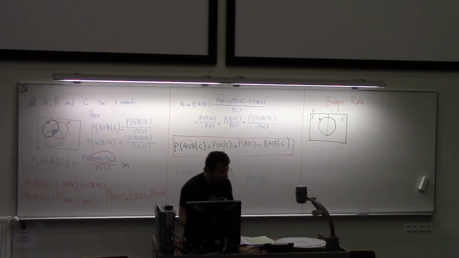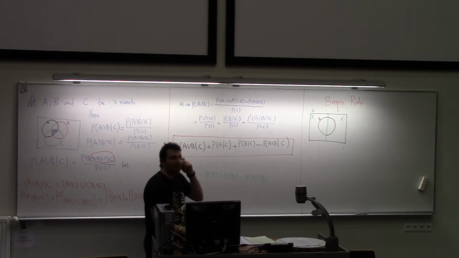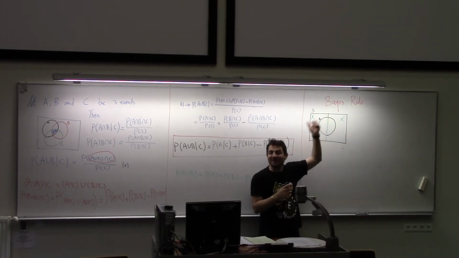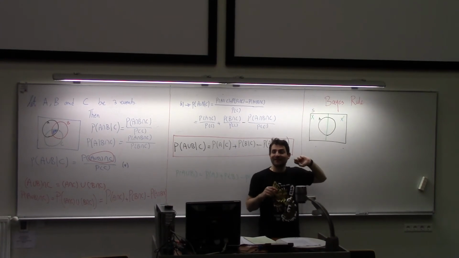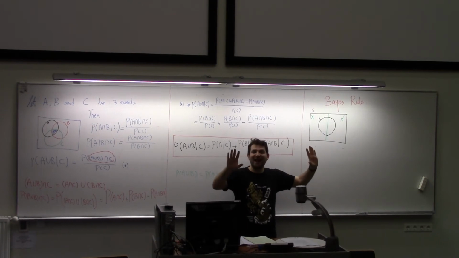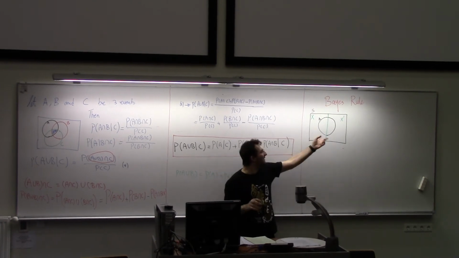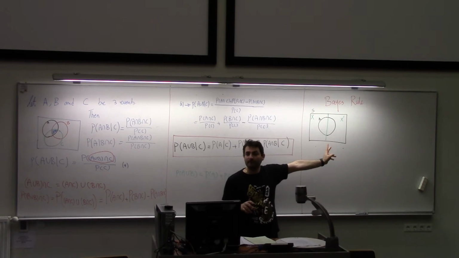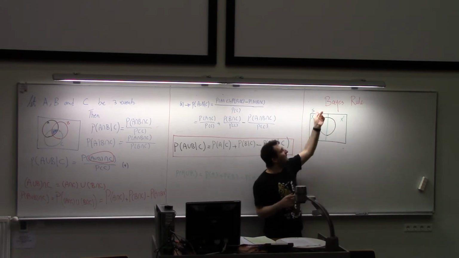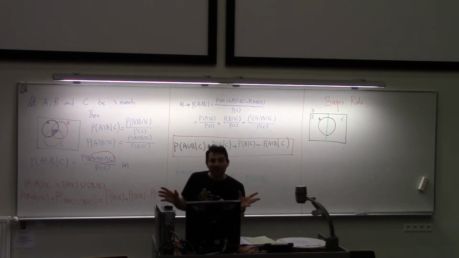Now, if we look at X and X prime, can you tell me what they are called with respect to S? X union X prime is S, but what is their intersection? Empty, because they are complements of each other.